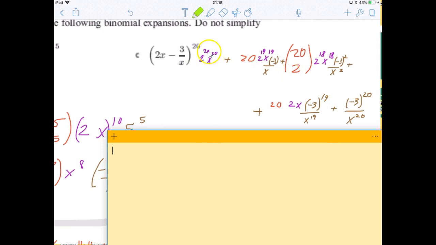You see how I put the 20th power on both the 2 and on the x, because when you first write it, you might write 2x to the 20th, and then you need to distribute the 20th power to both the 2 and the x, and that's why you get 2 to the 20th, x to the 20th. So that's how you get the purple numbers here. Now, what about the brown part? The brown part comes from the second term, which is negative 3 over x.